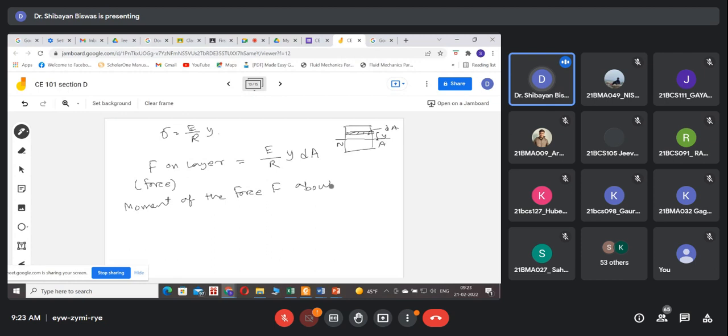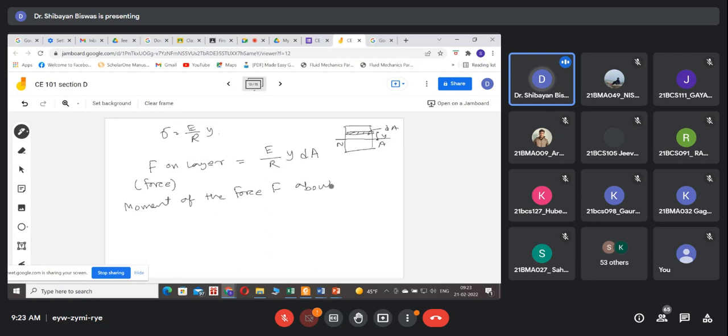E by R, as it is a constant, we can keep it out of the integration. Y square dA, we know this portion. What is this? Moment of inertia. Moment of inertia of this section about the neutral axis.